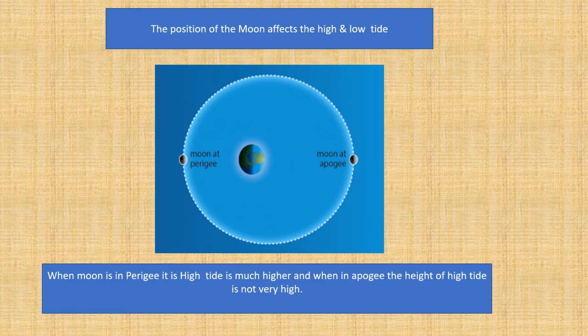At perigee, the earth is much closer to the moon, and at apogee the earth is farther away from the moon. Therefore at perigee we find a very high tide, much higher. When it is at the apogee position, the height of the high tide is not very high.